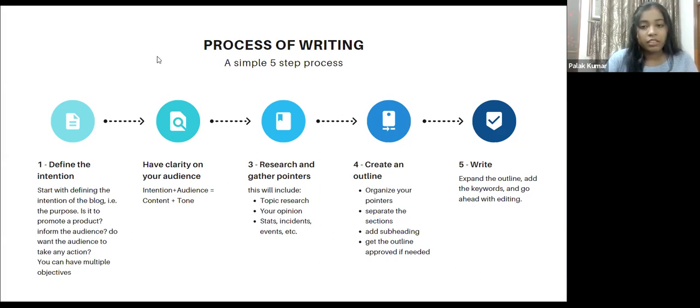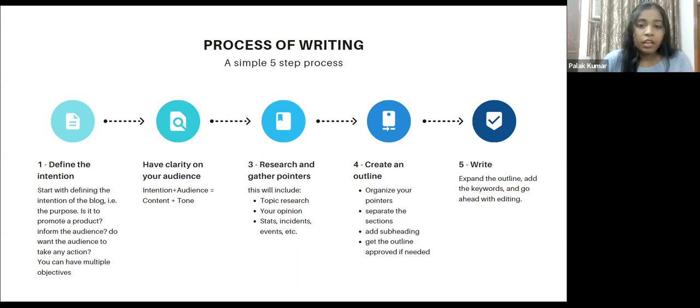Also, in this phase, if your client has asked for an outline, and if it's a long blog, get the outline approved so that when you write the whole blog, there are no mistakes or nothing is missed out.